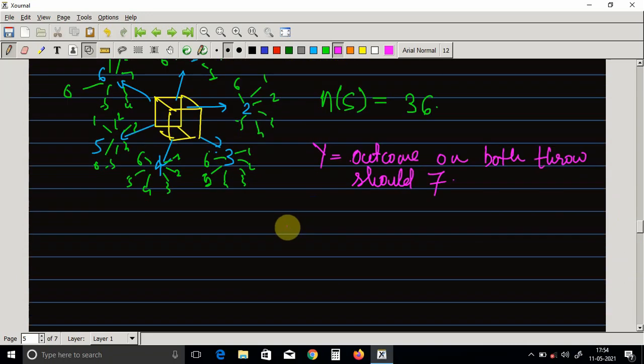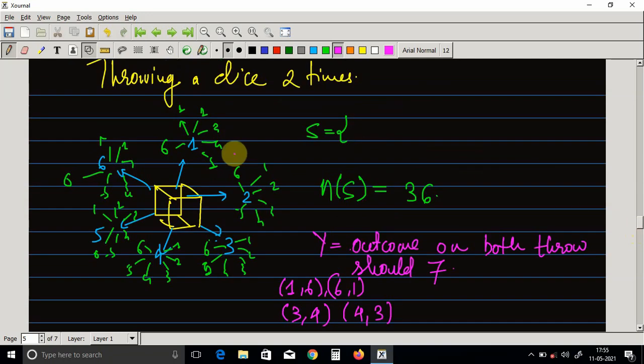Like 3 and 4, the sum of this is going to give you 7. Then 4 and 3 also. Then 1 and 6, then 6 comma 1. This 1 is the outcome on the first throw, and this 6 is on the second throw. So this 1 and this 6 is my favorable outcome from here.